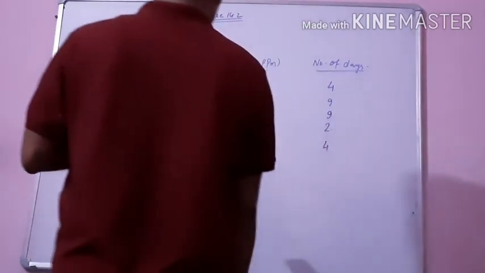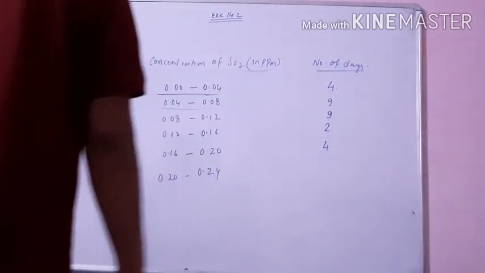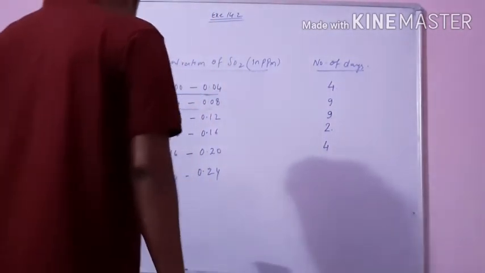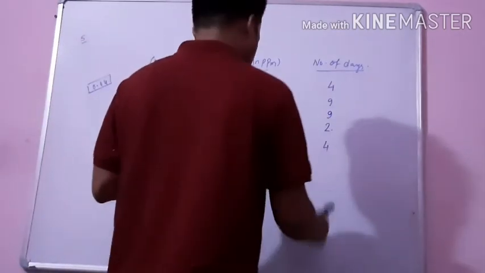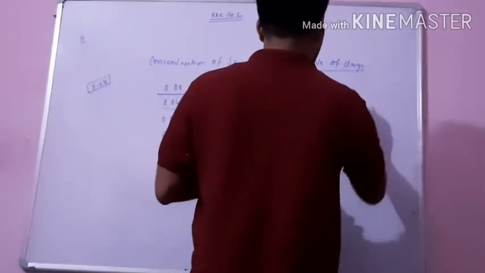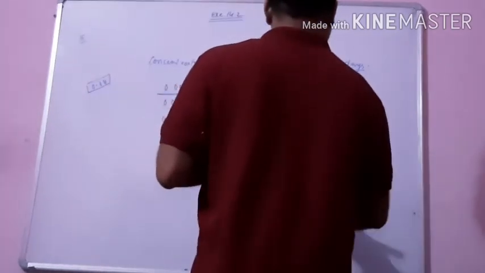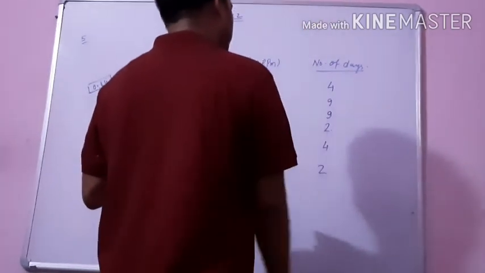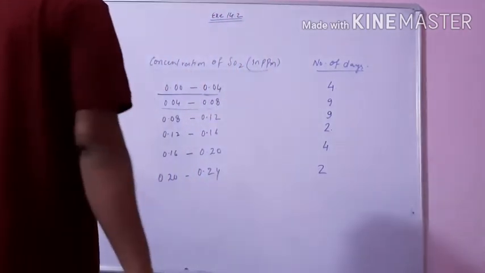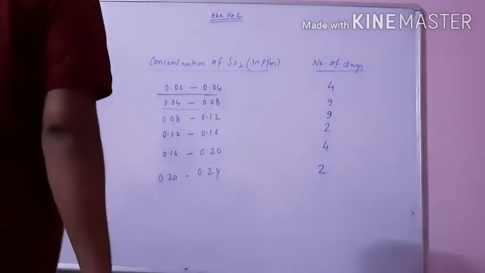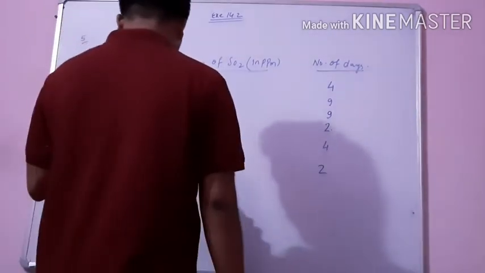Now see 0.20 to 0.24, the number of values lying is 2. So count the number of days: 4 plus 9, 13, 13 plus 9, 22, 22 plus 2, 24, 24 plus 4, 28 plus 2, 30. So we have included all the data given.